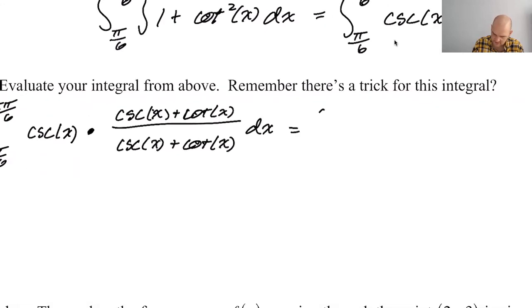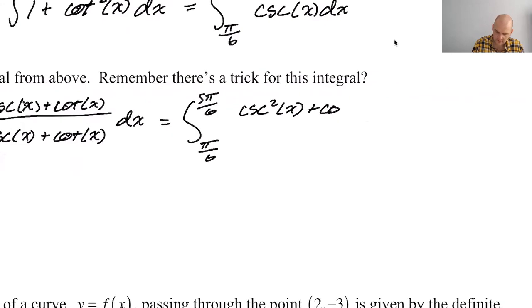All right, so what does this give us? I wish I'd made this indefinite, but I didn't. So the numerator is cosecant squared plus cosecant cotan. Sometimes I say co, and I'm like, yep, that's a CO, which it is, but you don't write it.